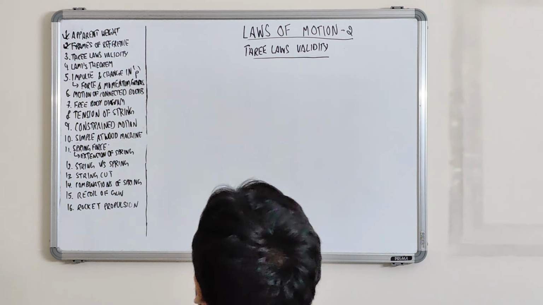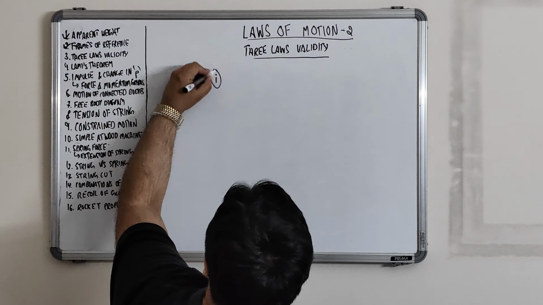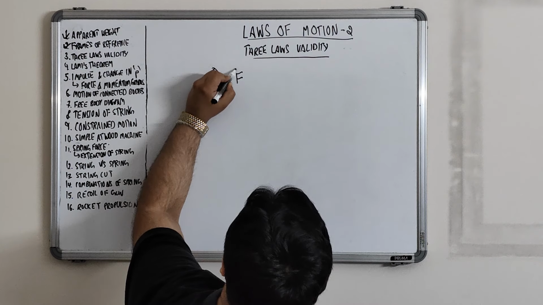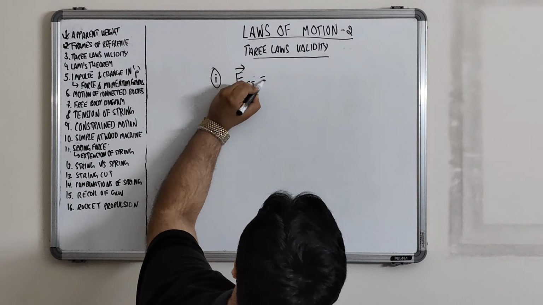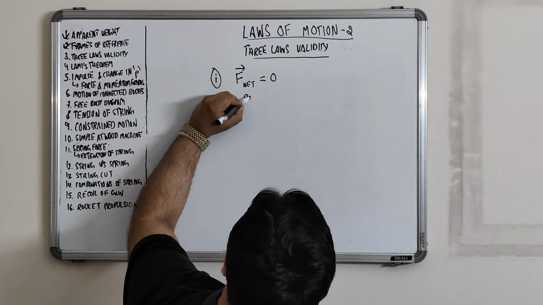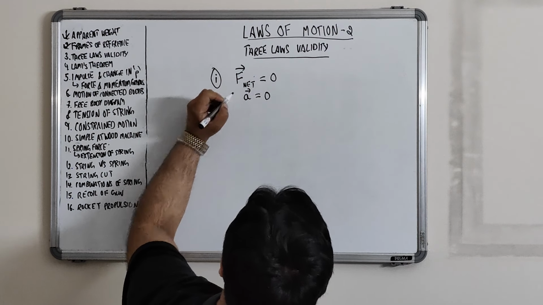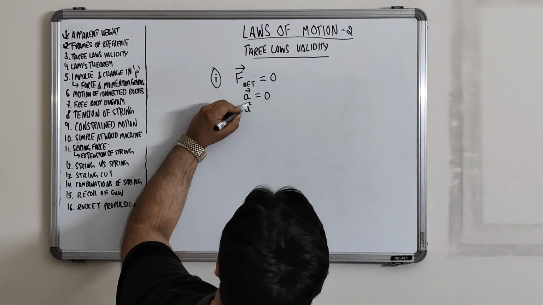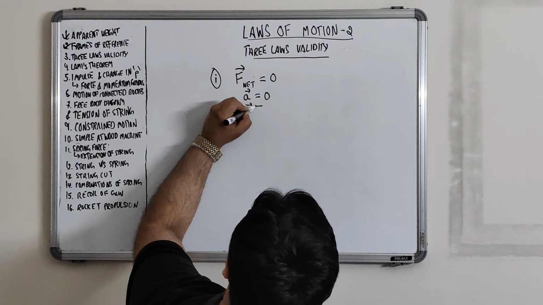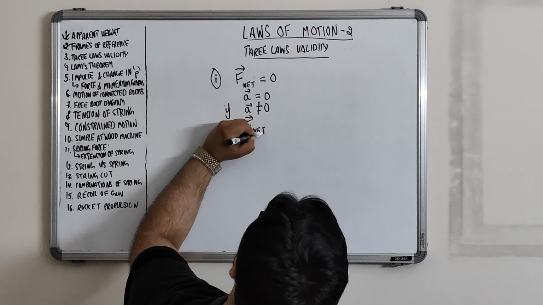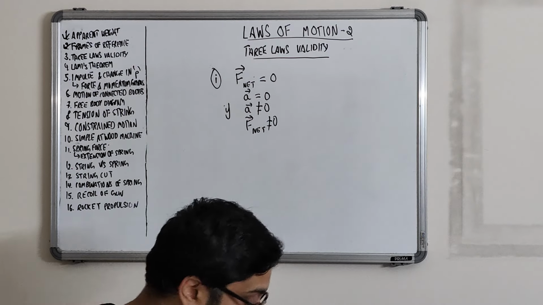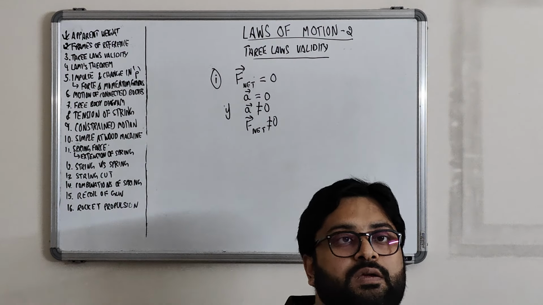Because the first law in vector form says that if F net is equal to 0, then acceleration is 0. But if acceleration is non-zero, then net force is also not equal to 0.